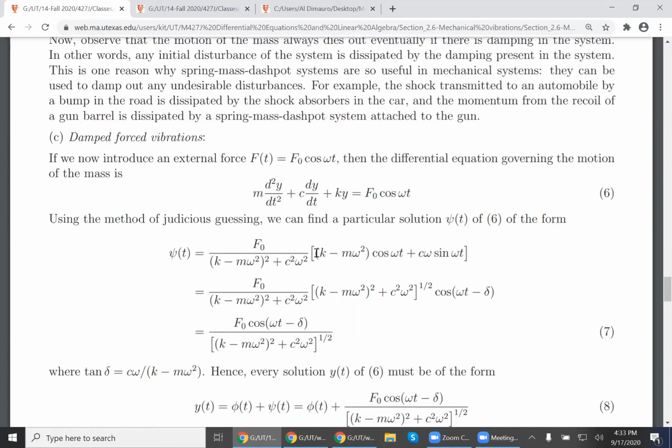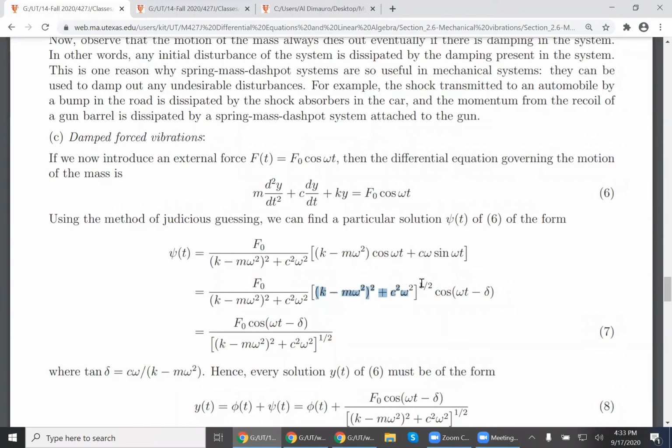Now, let us simplify this formula a little bit. Again, by lemma 1, what is written here can be rewritten as cosine of omega t minus delta times r. Remember what these are. It's the square root of this squared, which is over here, plus this squared, which is over here. Next, observe that here and here we have the same expression.